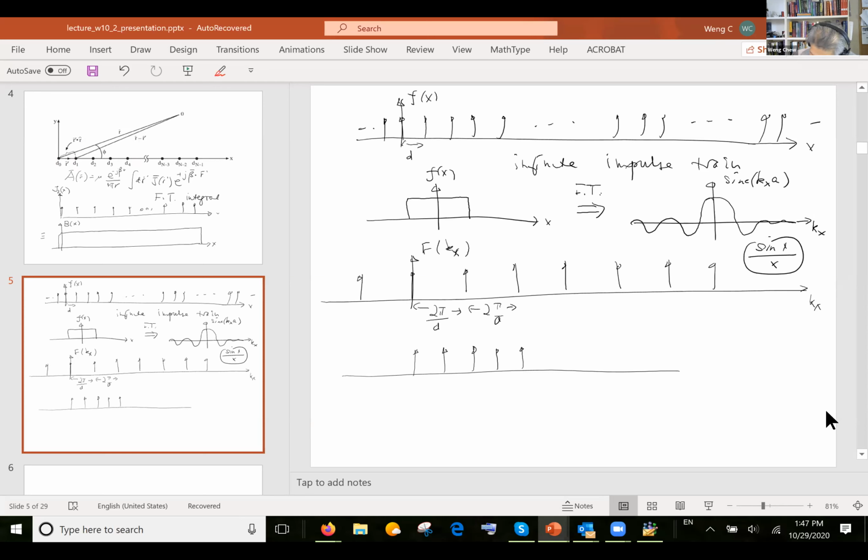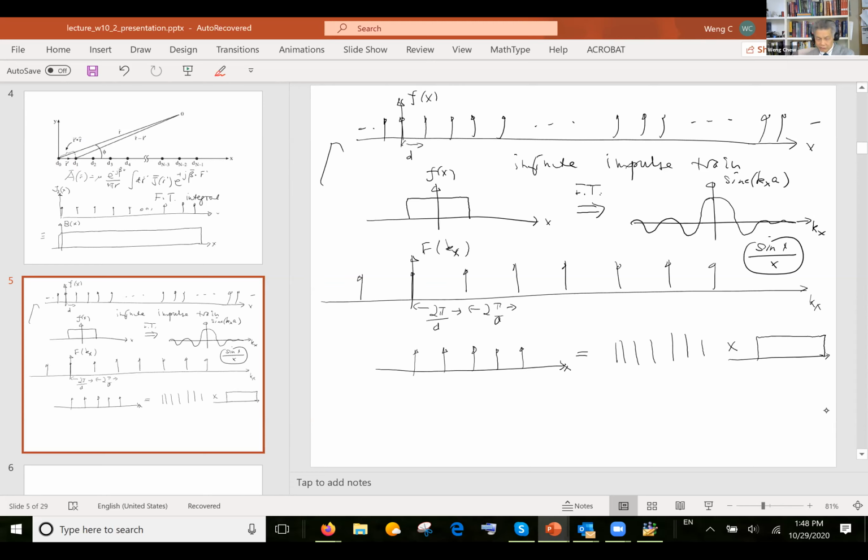This can be written as an infinite impulse train, which is this one over here, multiplied by the box function. Agree? So this is in the x space, in the coordinate space. A finite array, a finite set of antenna array, is the same as an infinite set of array antenna multiplied by a box function.